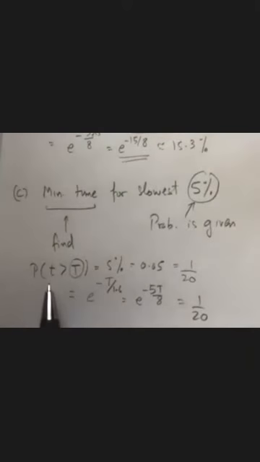So whenever we are solving an exponential density function for t greater than some value, the answer will always be e to the negative that value over the mean. And we found it here, like this.